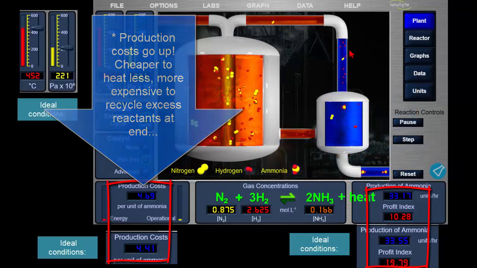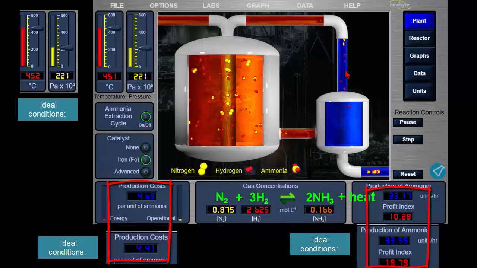And so this cost is going up as well. You need to understand that because this is not that easy to understand. See if you can do better than the 452.